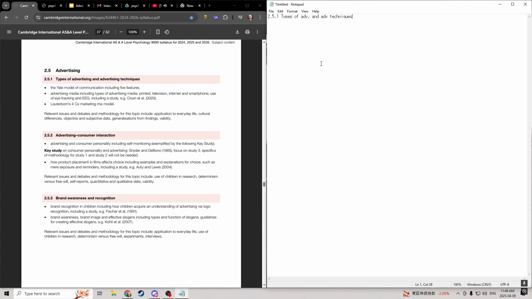So we have the Yale model of communication, 5 features. The idea behind looking at the syllabus first is that it helps you get a general idea of what you're going to be reading about, and that helps.